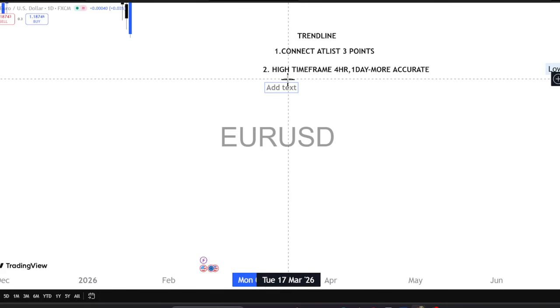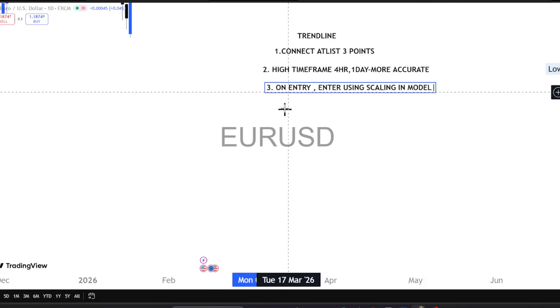On entry, enter using scaling in model. Enter on entry, enter using scaling in model, right?